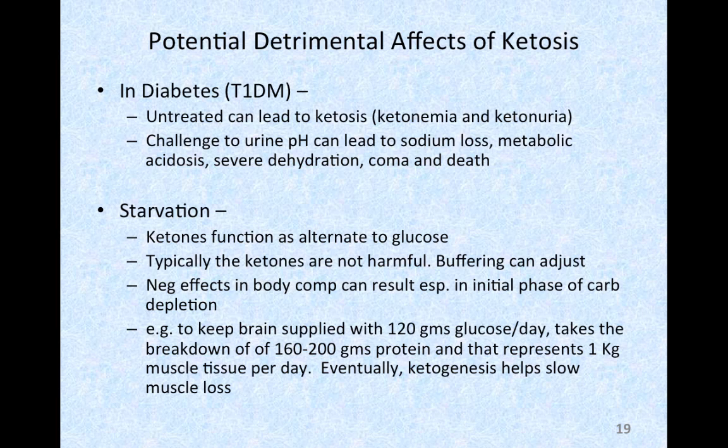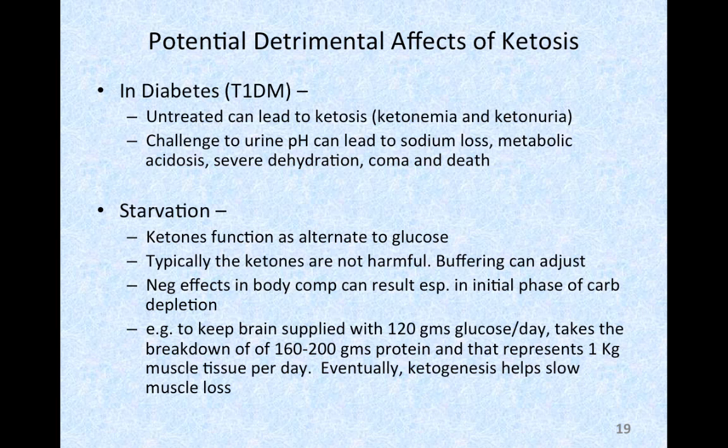So they tend to not be harmful in most people. Some people they can be, but now the negative effects in body composition can result, especially in an initial phase of carb depletion. So if you think about it, if a person's using a ketogenic diet and they're decreasing carbohydrate intake significantly, they are essentially reducing their insulin responses.